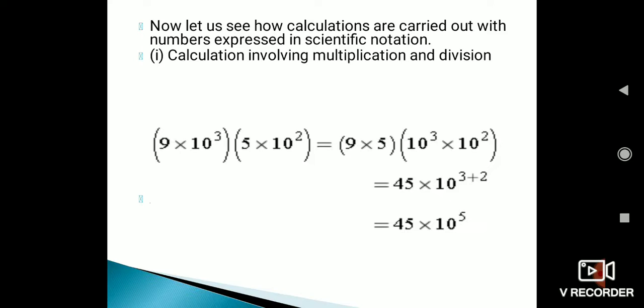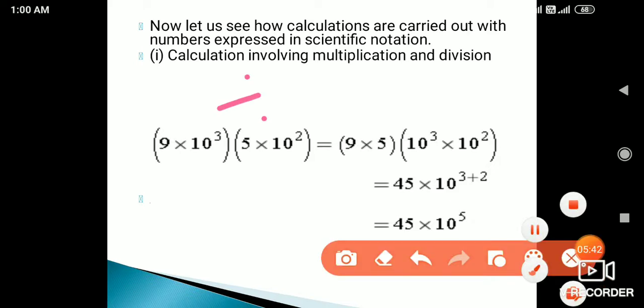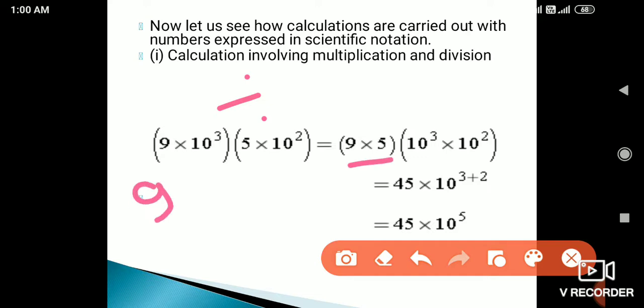Next, if you have to use the same numbers but with division between them, what will be done? No need to worry, it is just simple maths. Now, in place of multiplication, the numbers are divided, that is 9 divided by 5.